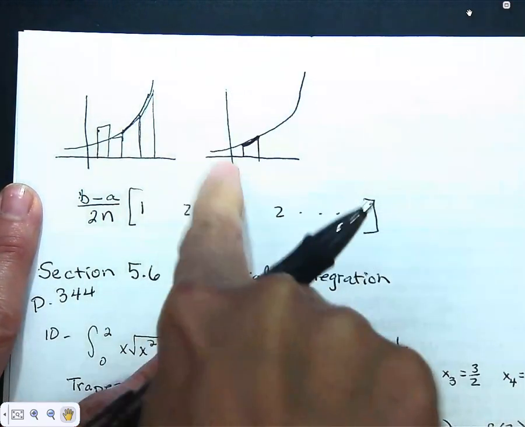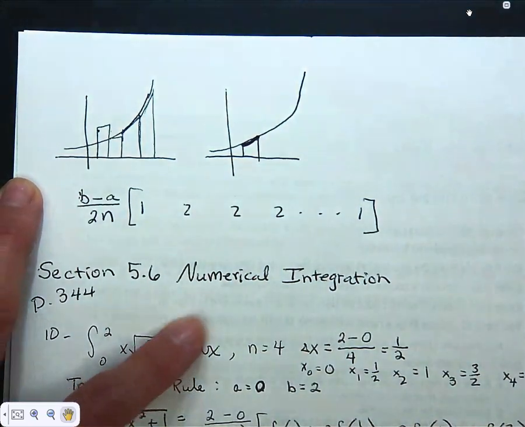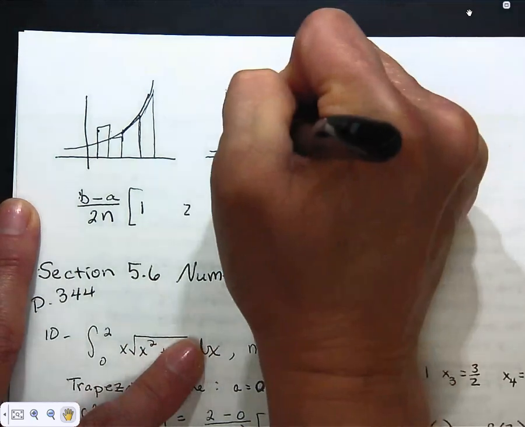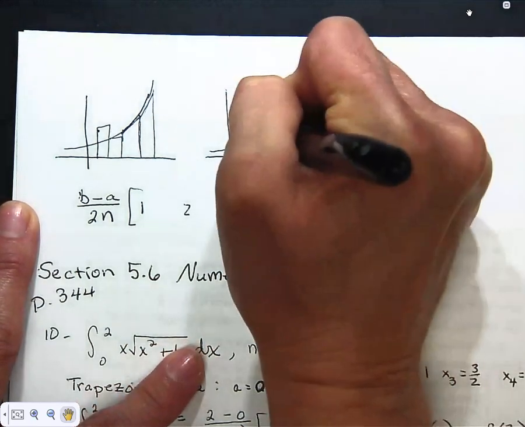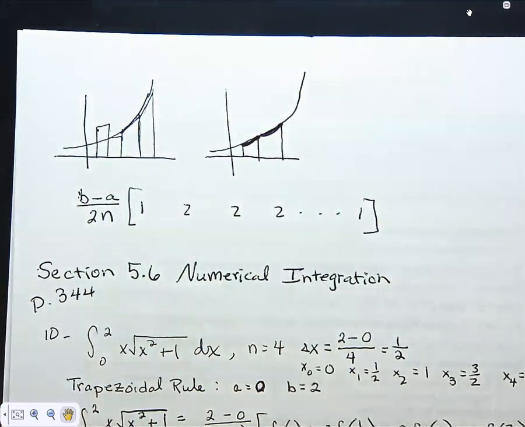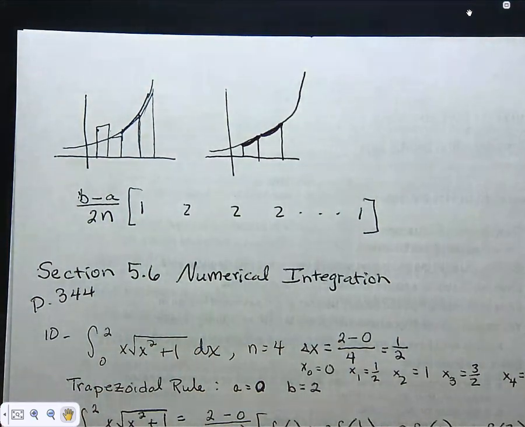A parabola is darn close to what that's actually doing. What if we use a quadratic representation of what that top edge is? Then it's even better than a trapezoid. And so he figured out the area of that partition and then added infinitely many of them up and named it after himself, the Simpson rule.